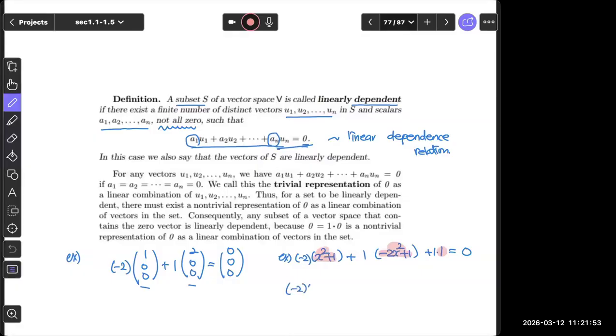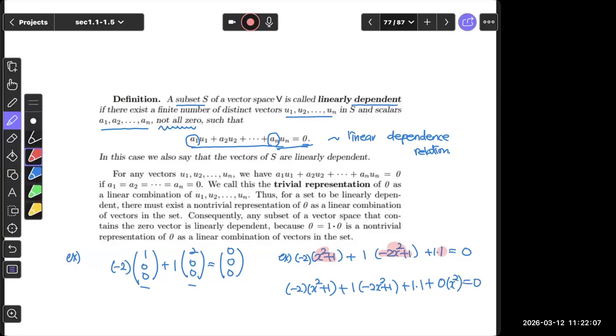Minus 2 times x squared plus 1, plus 1 times -2x squared plus 1, plus 1 times 1, plus 0 times x squared will also be 0. So these four polynomials will also be linearly dependent.